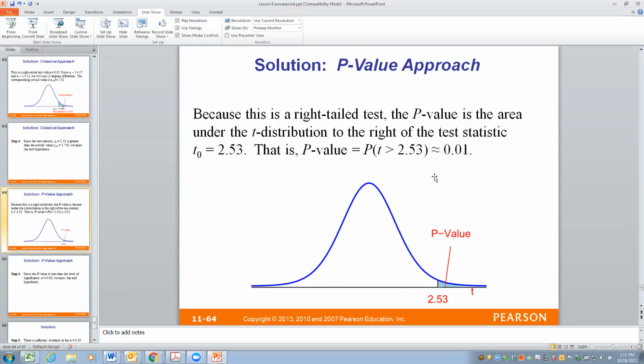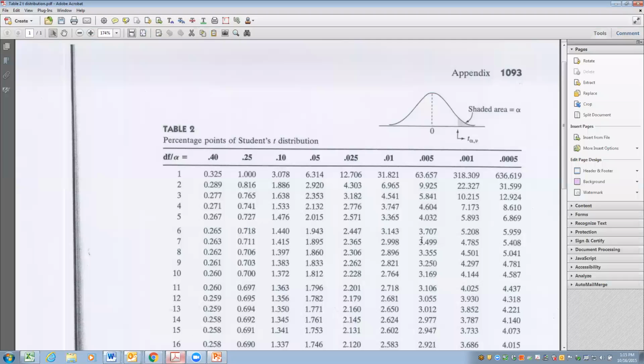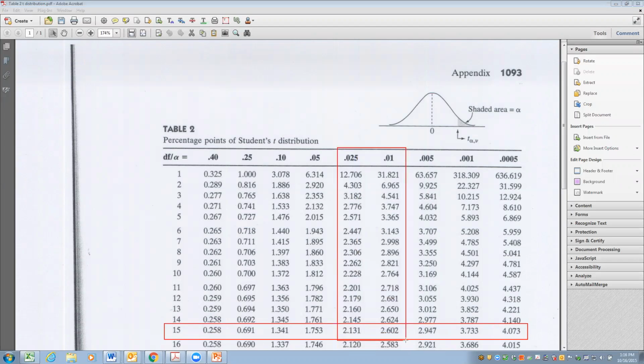For the p-value approach, we would again go back to our table. We would go to our 15 row. We would look for where we saw 2.53. Well, that's somewhere between these two values.